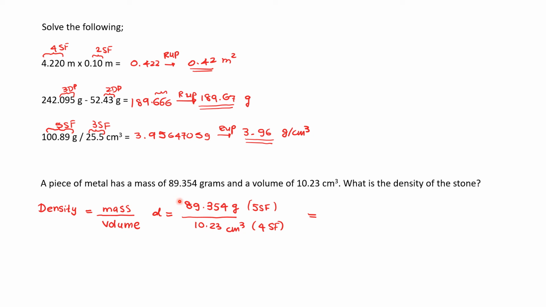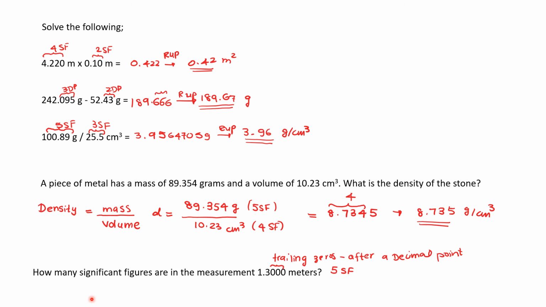This number has 5 significant figures and this number has 4 significant figures. So our final answer should be in 4 significant figures. So this is the number you are getting in the calculator. However, you have to round it to 4 significant figures. And don't forget the units, grams per cubic centimeter.